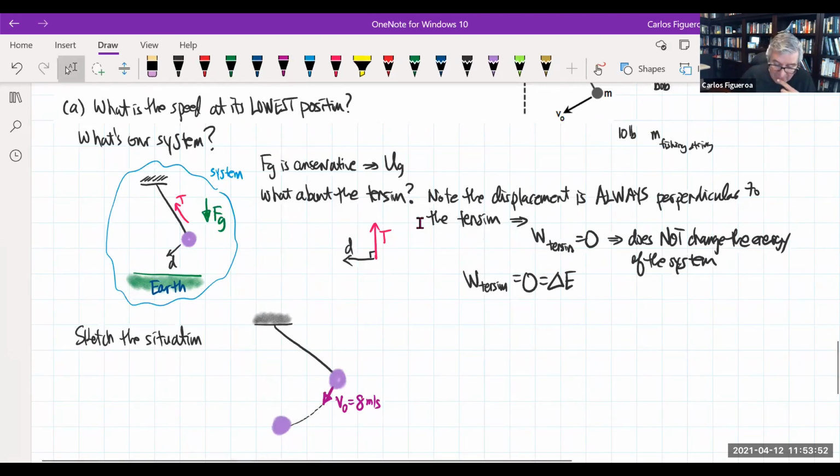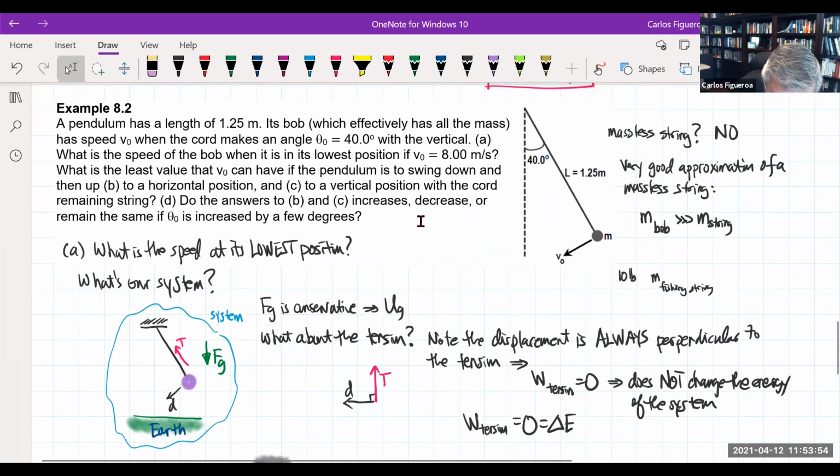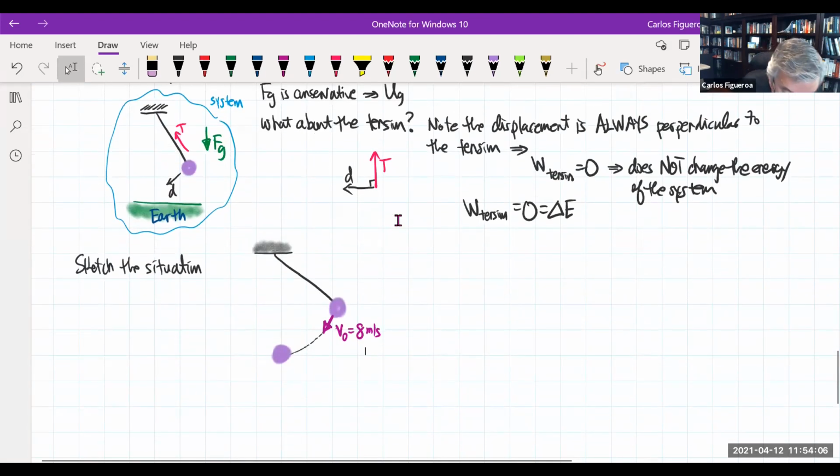Am I reading this right? I want to make sure I get this right. What is the speed of the bob when it is at its lowest point if its initial speed is 8 meters a second? Okay, that looks right to me. And the other thing that they're telling us here is that this angle right here is 40 degrees.